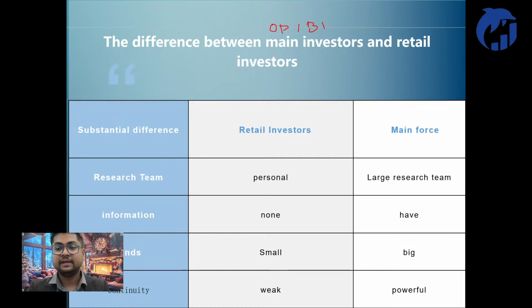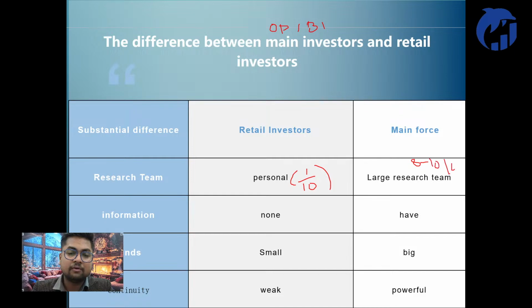Have a very clear understanding: retail investors have a very personal research team, while the main force has a large research team. If we rate the research team, retailers will rank 1 out of 10, but the large research team can range from 8 to 10 out of 10.